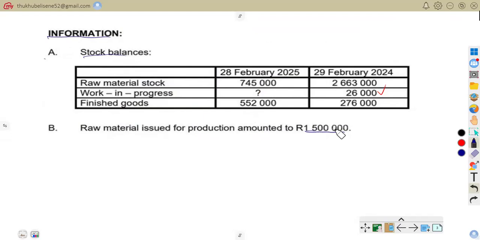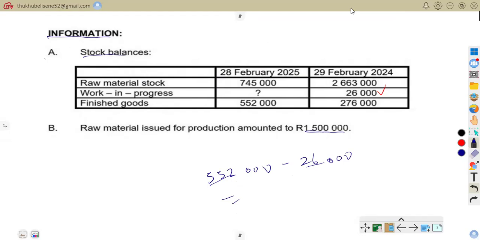So we are going to say our finished goods, which is 552,000, minus 26,000 of our opening, for us to get our work in progress at the end.